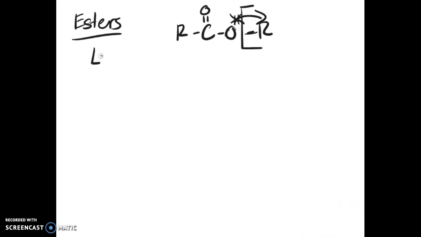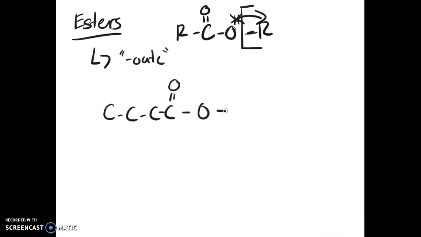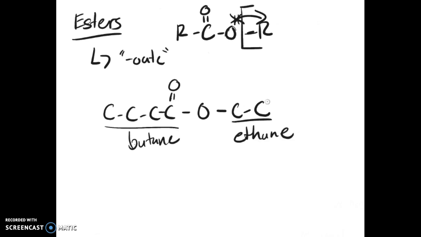These, when you name them, have the "oate" ending. That's the whole thing. So if you have this, where you have butane on one side, ethane on the other, imagining that all the hydrogens are filled in.